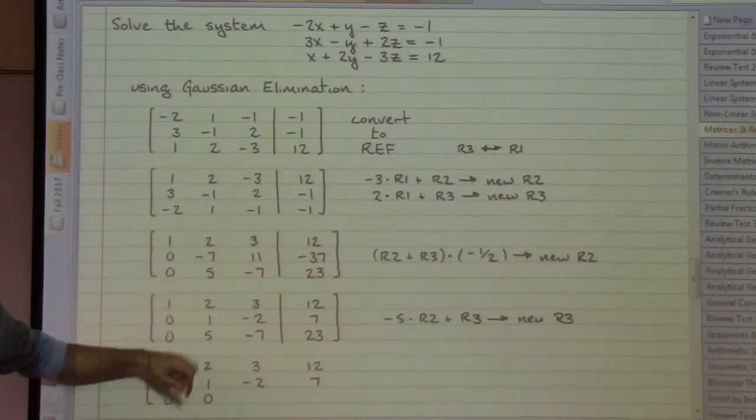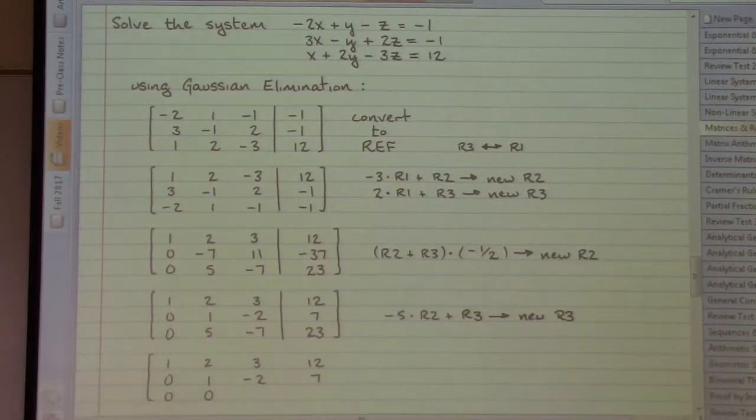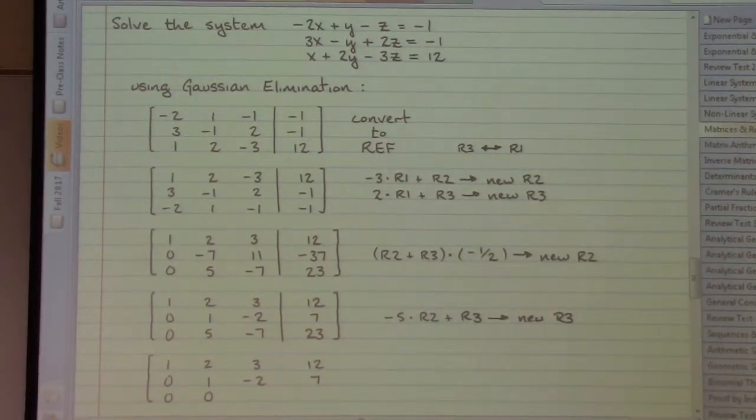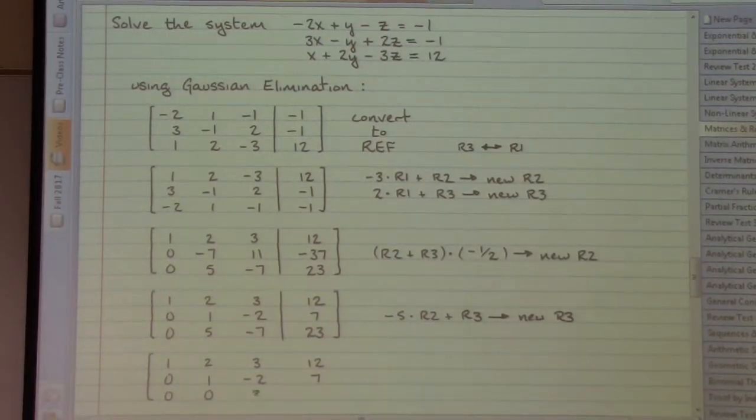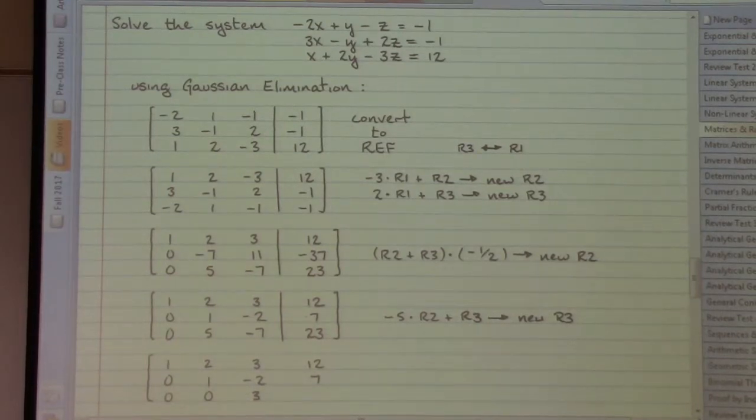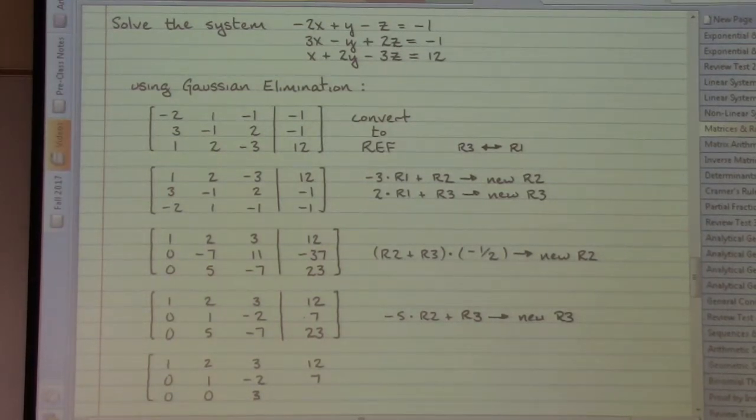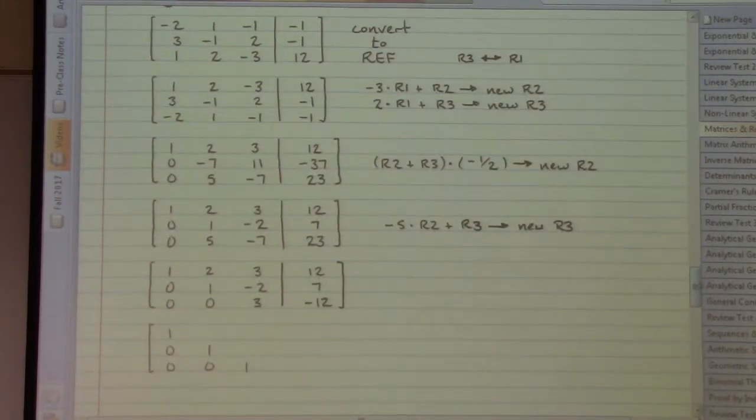-5 times 1 plus 5, 0. -5 times -2 plus -7 is 3. -5 times 7 is -35, plus 23 is -12. And, finally, first row, second row, third row.